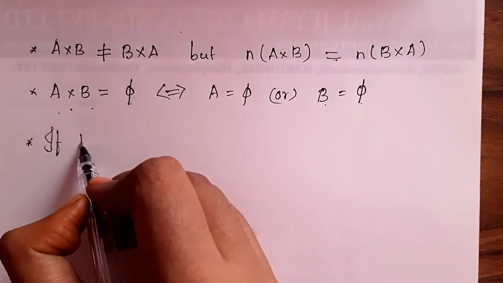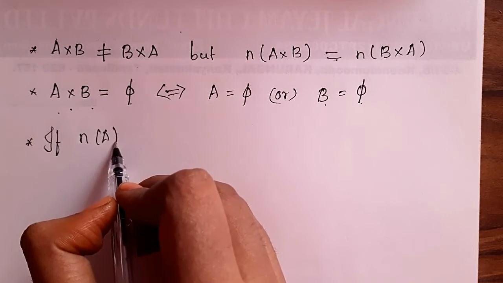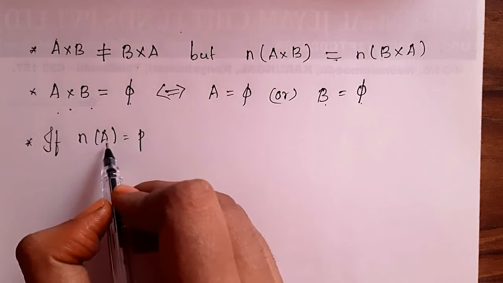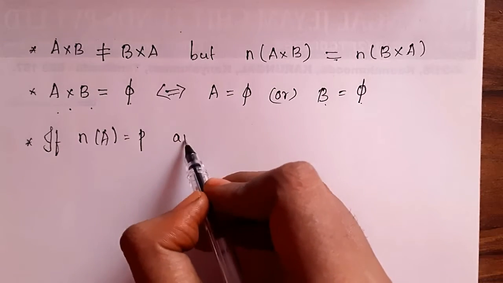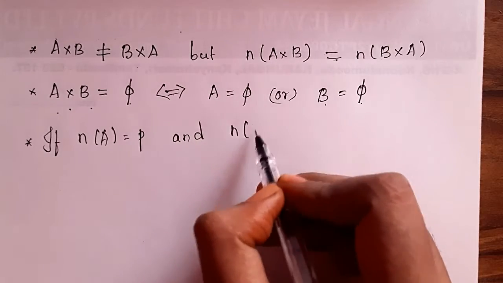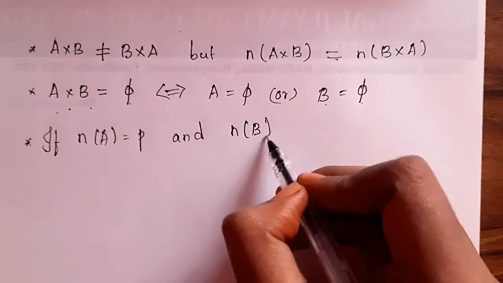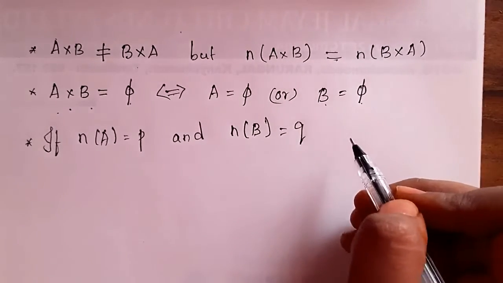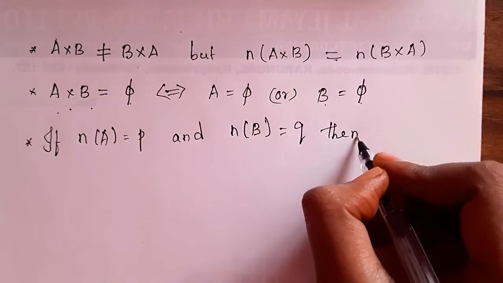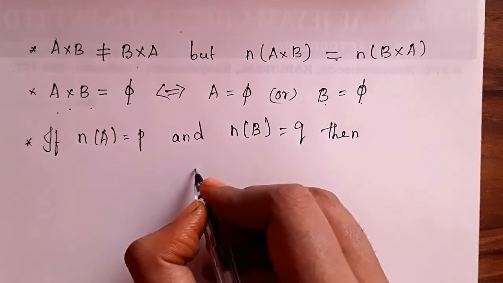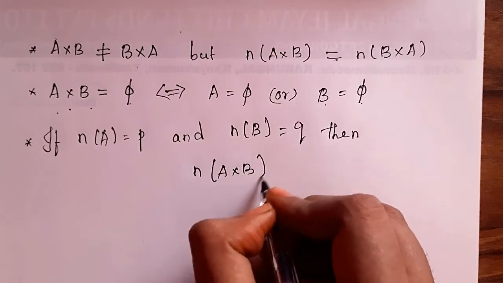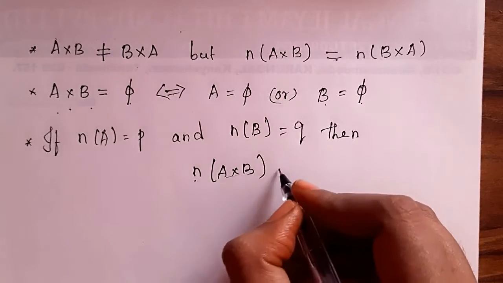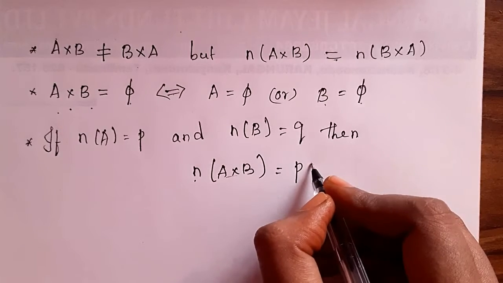Think about it. Suppose the number of elements in the set A is p and the number of elements in the set B is q. Then in our Cartesian product A cross B, the number of elements will be pq.